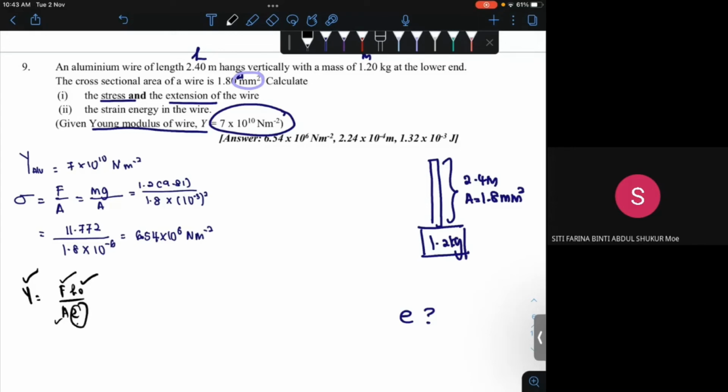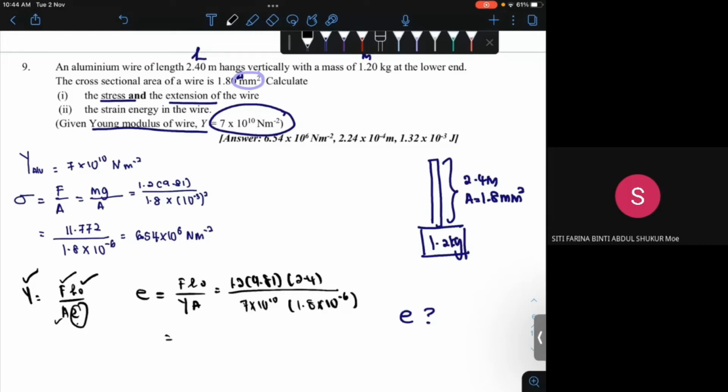Okay, so rearrange your equation. E akan sama dengan F L0 over A Y. Okay. Dan masukkan semua nilai. F kamu adalah mg sekarang, 1.2 times 9.81. Original length kamu adalah 2.4 meter bahagi dengan Young modulus 7 times 10 to the power 10. Area kamu adalah 1.8 times 10 to the power negative 6.